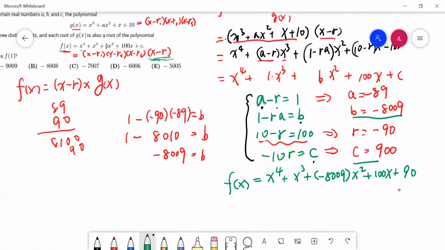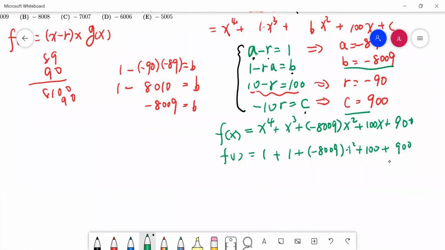Right, so we plug in f(1). f(1) is when x equals 1. This is 1 plus negative 8009 and 1 squared plus 100. So this is 900, right? Plus 900.